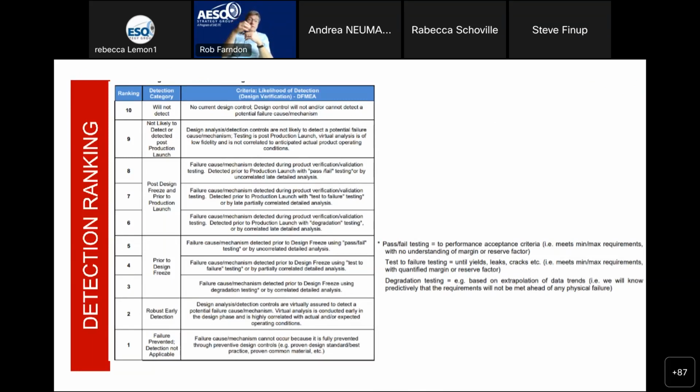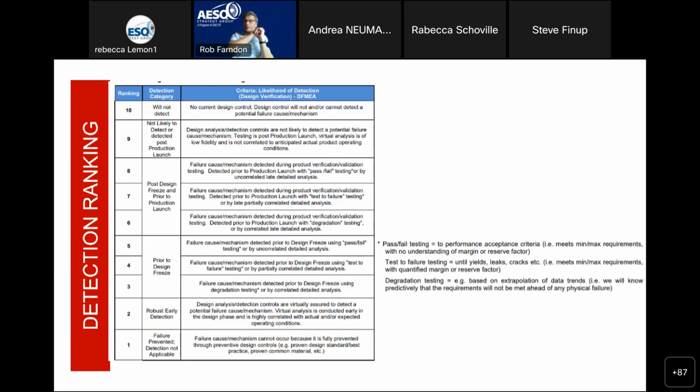And that's just a way really of delineating what is considered to be a better testing method. Predominantly the score that you get for a detection control is related to exactly when inside phase 2 of APQP, inside the development program, you will discover that failure mode or cause is present in the design.